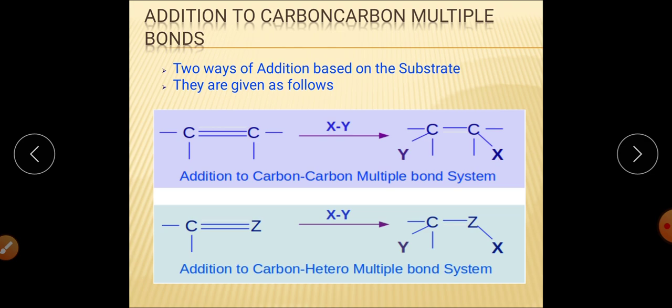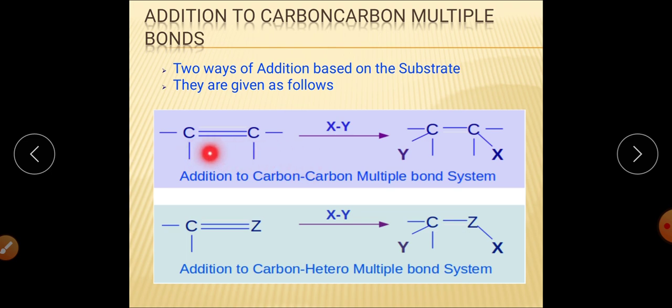The substrate for addition reaction can be a carbon-carbon multiple bond, meaning an alkene or an alkyne. The second kind of substrate is a carbon-hetero multiple bond.